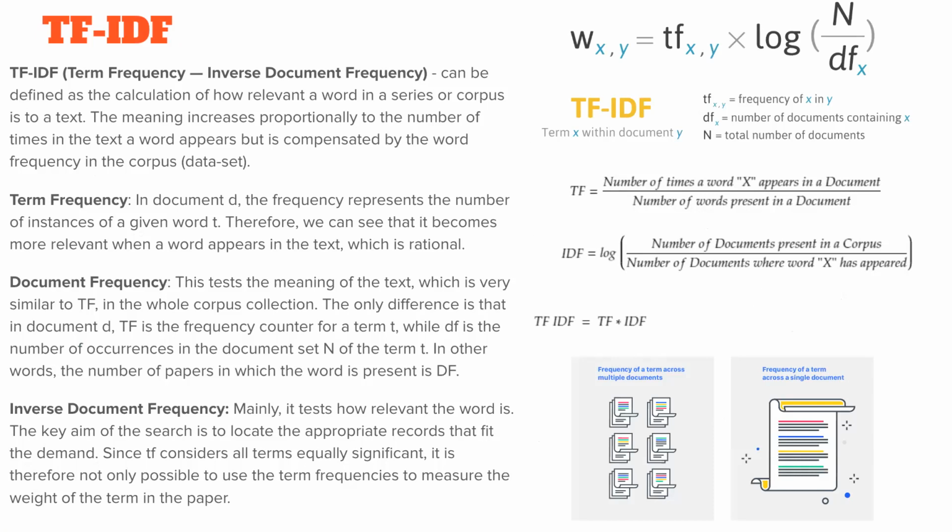It is a little bit complicated to explain what TF-IDF is, but it is an extremely useful text analysis method. So TF-IDF is the short form of term frequency inverse document frequency. It can be defined as the calculation of how relevant a word in a series or a corpus is to a text.